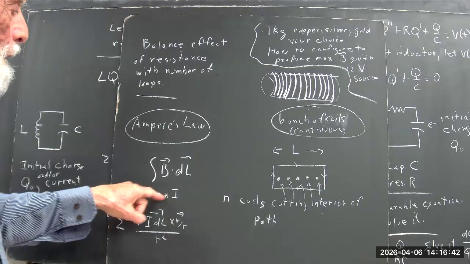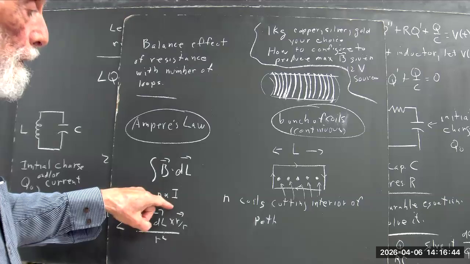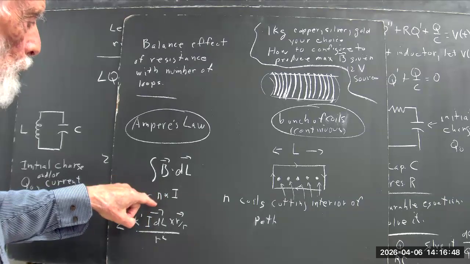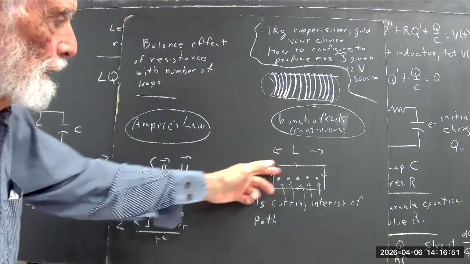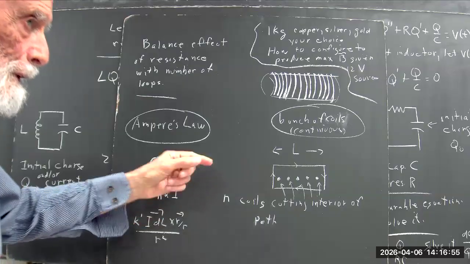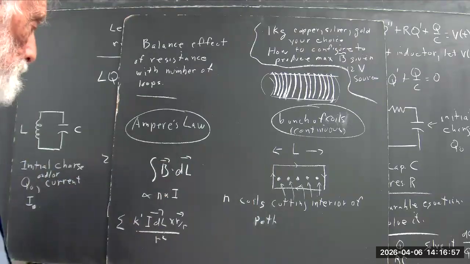It's proportional, again, to the number of loops that you cut with this rectangle times the current, which is common to every loop.